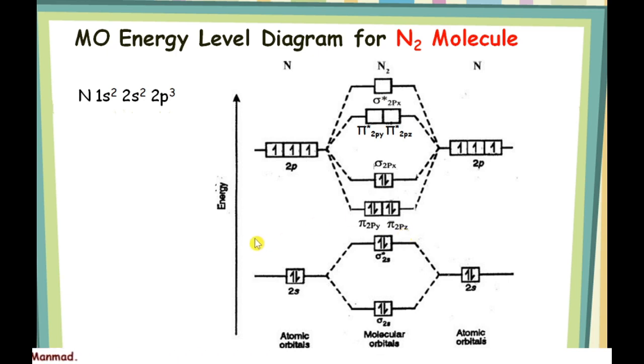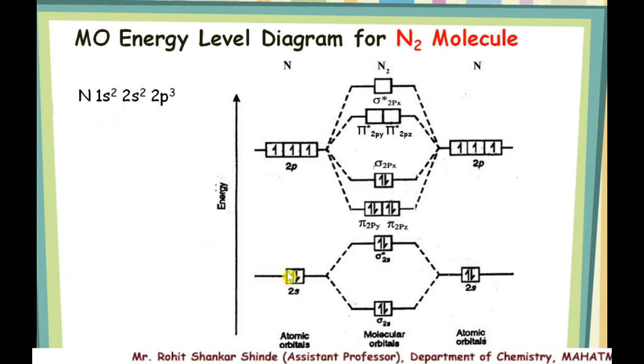While writing the electronic configuration of N2 molecule, for the 1s2 electrons of each nitrogen atom, a letter K is written. Remaining 10 electrons, 5 electrons of each nitrogen, are filled in molecular orbitals by following the Aufbau principle and Hund's rule of maximum spin multiplicity. This diagram shows the molecular orbital energy level diagram for N2 molecule.